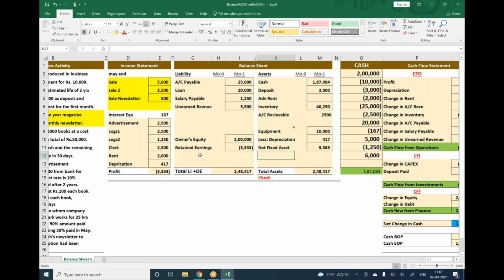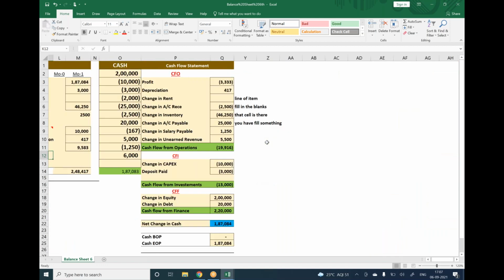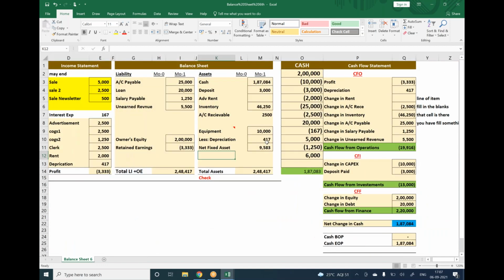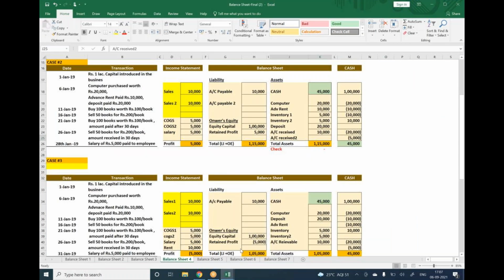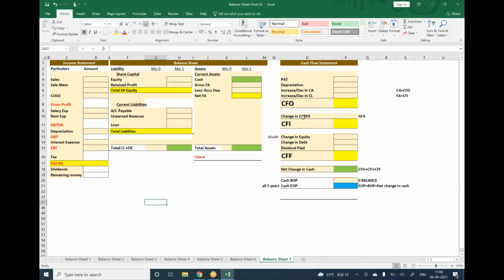Any doubts in this cash flow? If that is the case, and you need to make changes in the 7th, can you try doing it?